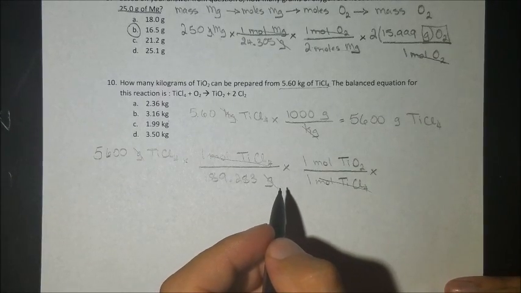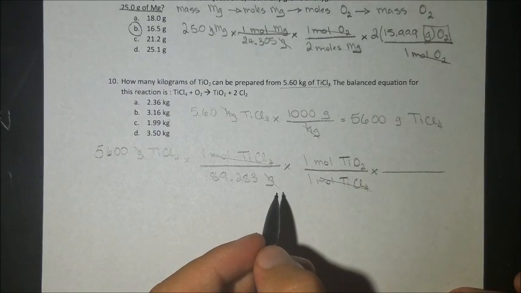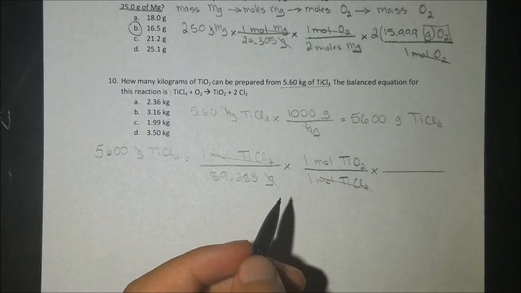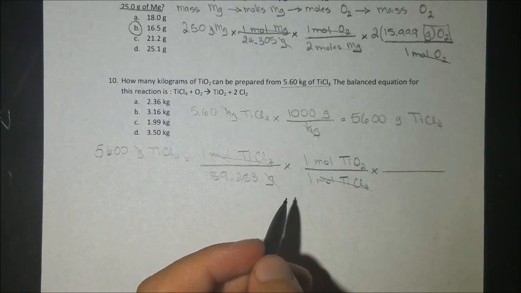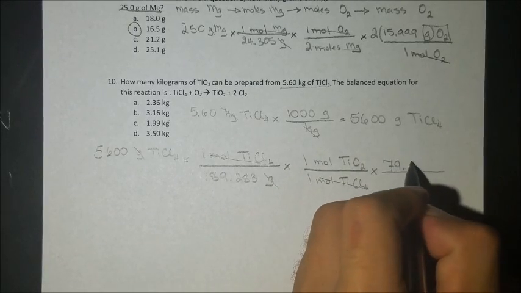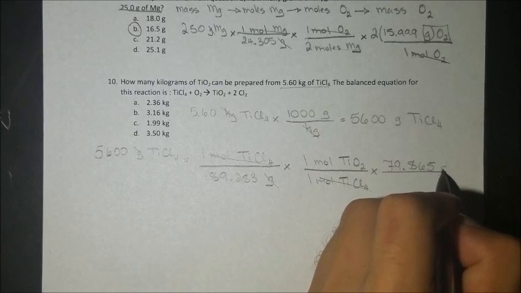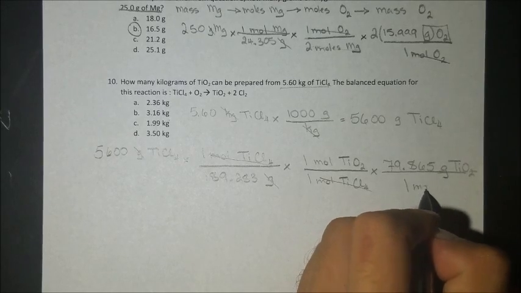Okay, and our last step is to go from moles of titanium oxide into grams. So I'm going to revisit the periodic table and find that the molar mass of titanium oxide, which is just titanium and 2 oxygens from the periodic table, is 79.865 grams titanium oxide for every 1 mole.